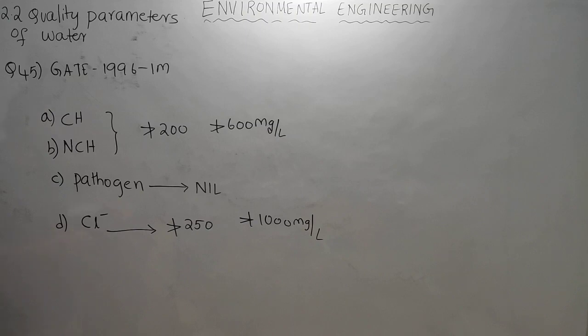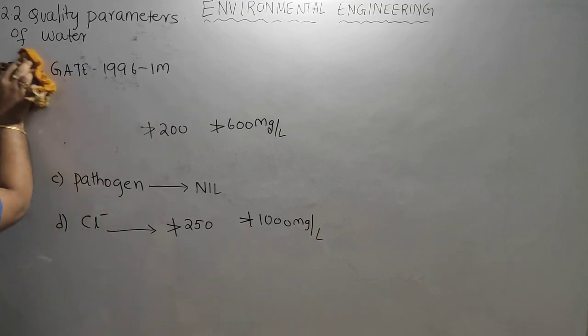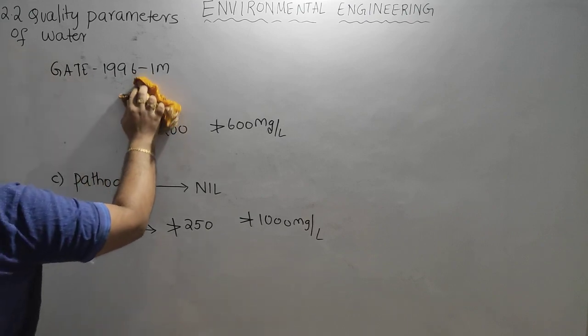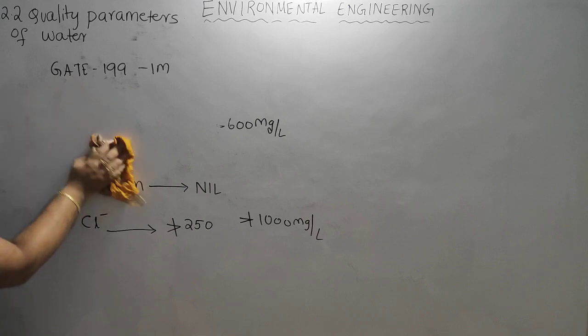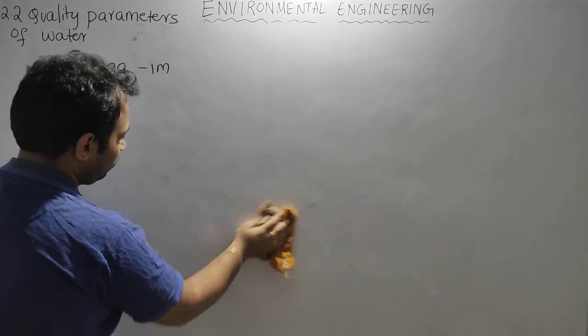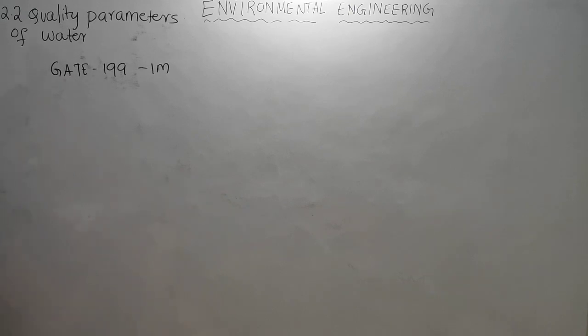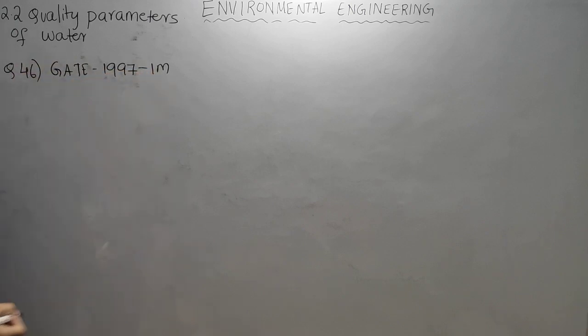So question number 46, 1997, 1 mark. MPN index is a measure of one of the following.